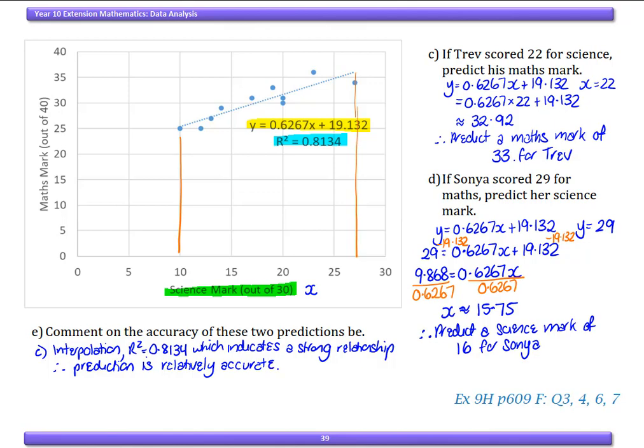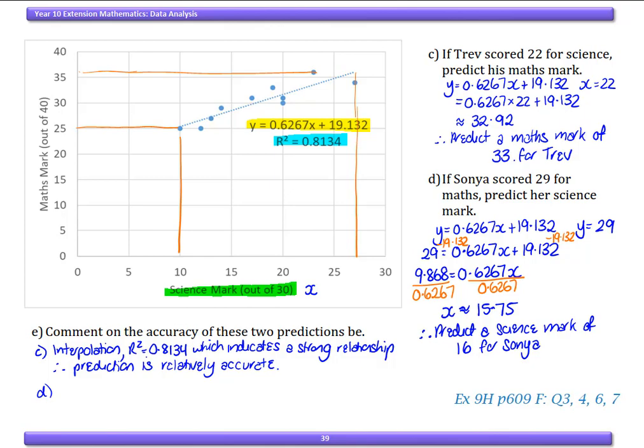Okay, then for part D, Sonia scored 29 for maths. If you look at our maths marks, they went from 25 up to around 36. I could look at the raw data to get that.